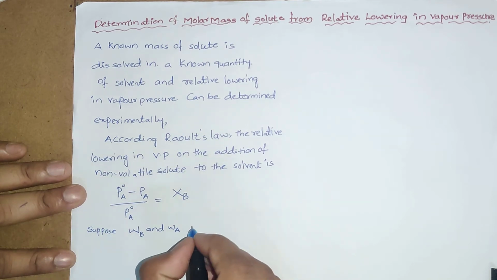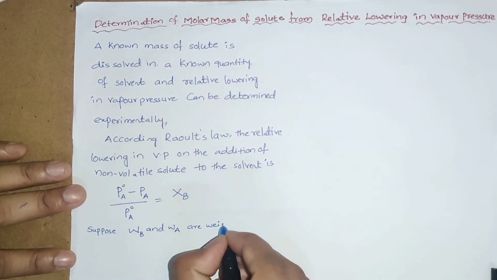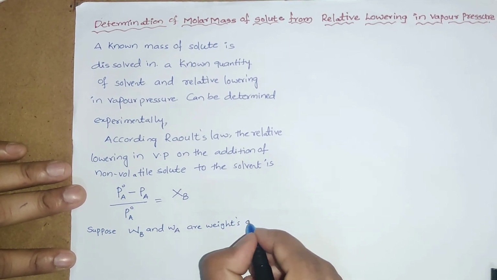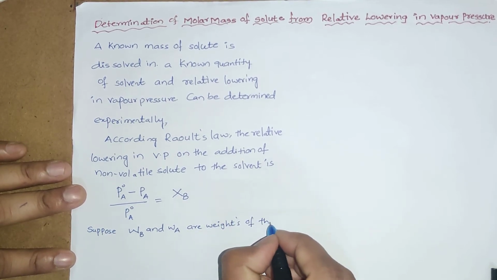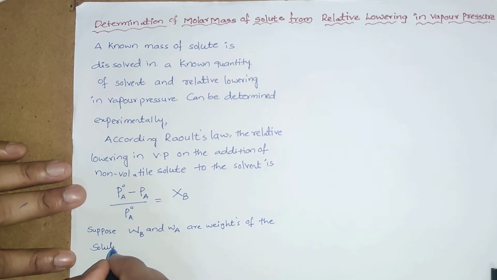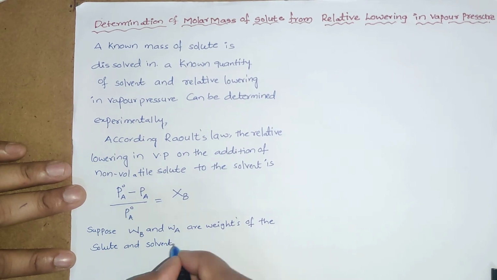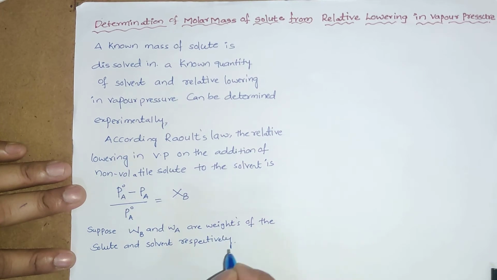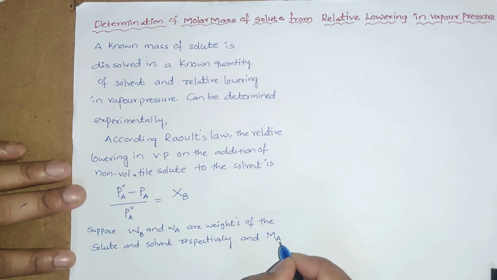So WB and WA are the weights of the solute and solvent respectively, and MB and MA are their corresponding molar masses.